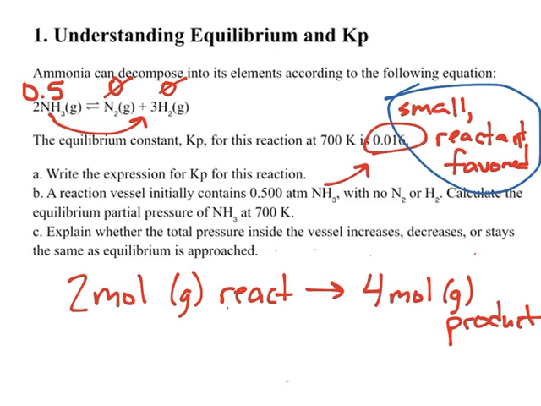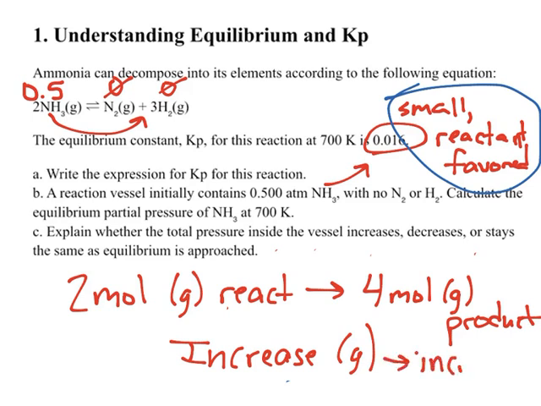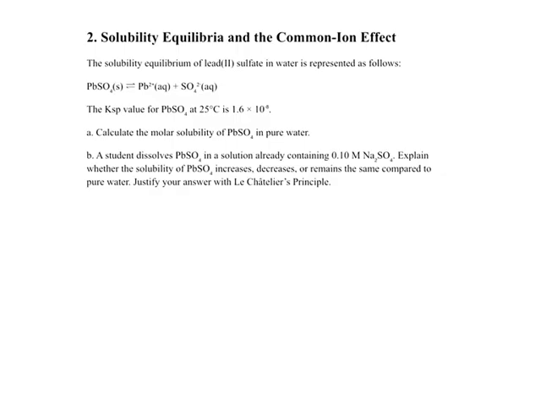So because of that, there's guaranteed to be an increase in the gaseous moles here. Well, an increase in the gaseous moles will result in an increase in pressure. As this system moves to the right, it produces more moles of gas, which means the pressure of this vessel must increase.